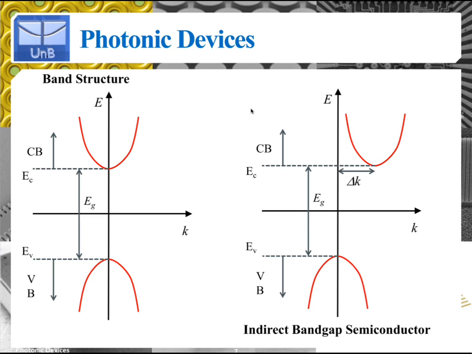So it emits light either spontaneously or in a stimulated manner, but the electron needs to make this downward transition here. And if the borders of the bands are misaligned, the electron which is up here in the conduction band, besides giving off energy in the form of a photon, needs to go through a change in momentum.